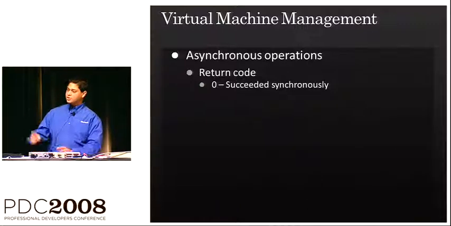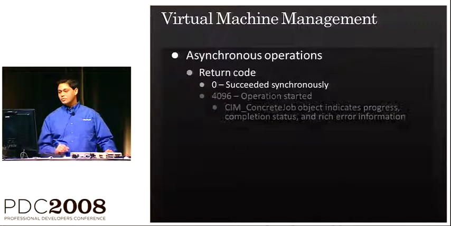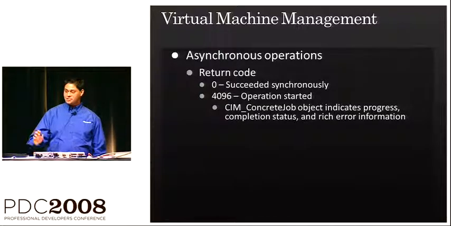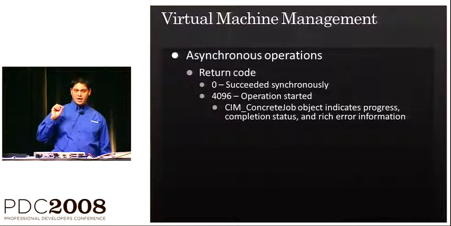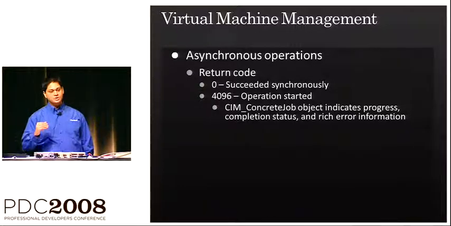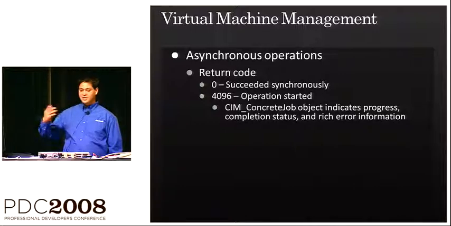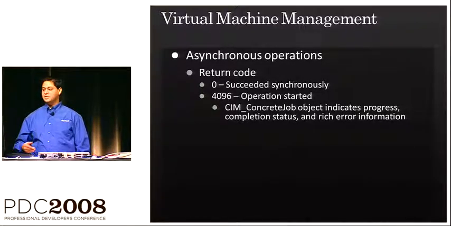It'll return 0 if it's succeeded synchronously, and it'll return 4096 if the operation was started and it's now running asynchronously. One of the other out parameters of each of these methods will be a sim concrete job object. And that can be used to further track the progress of the operation, figure out when it's completed.